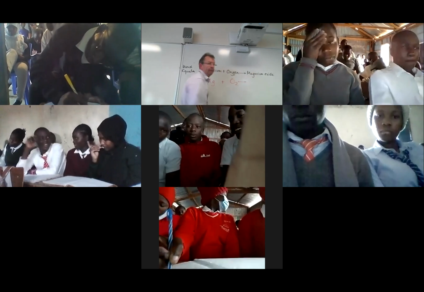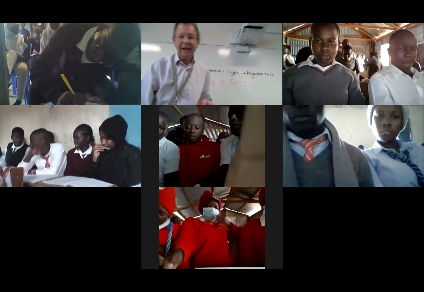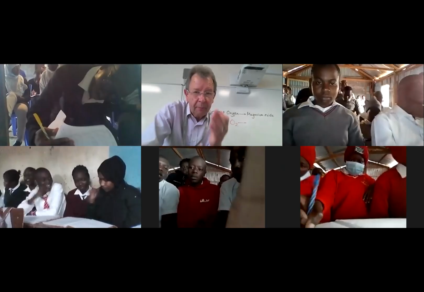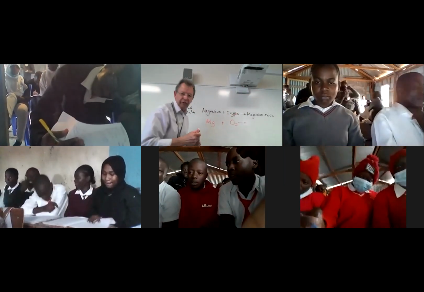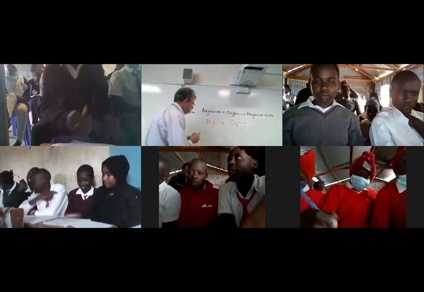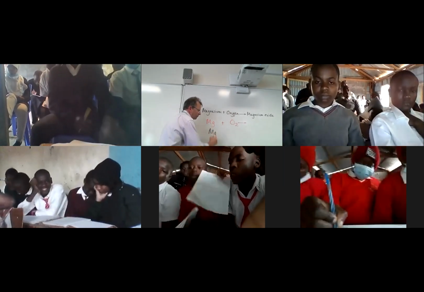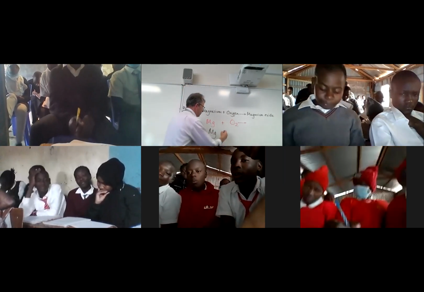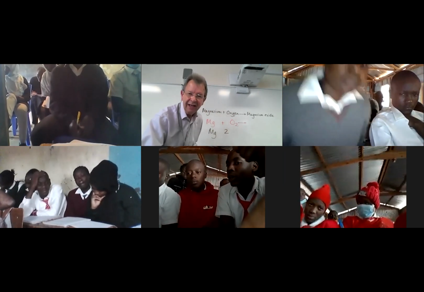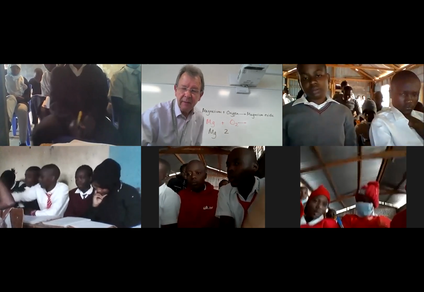Now we have to work out magnesium oxide. Well, for magnesium oxide, we use our periodic table, we work out the valency. So Mg is in group 2, so its valency will be 2. Oxygen is in group 6.